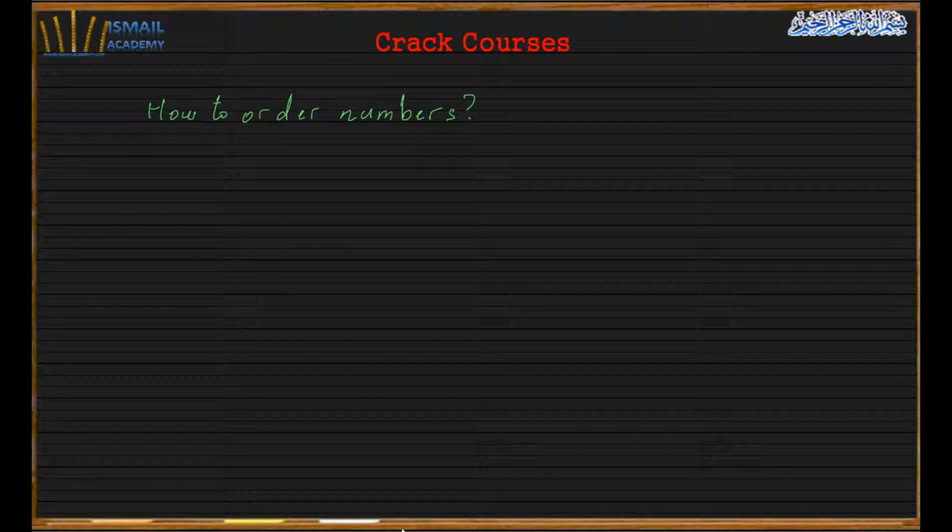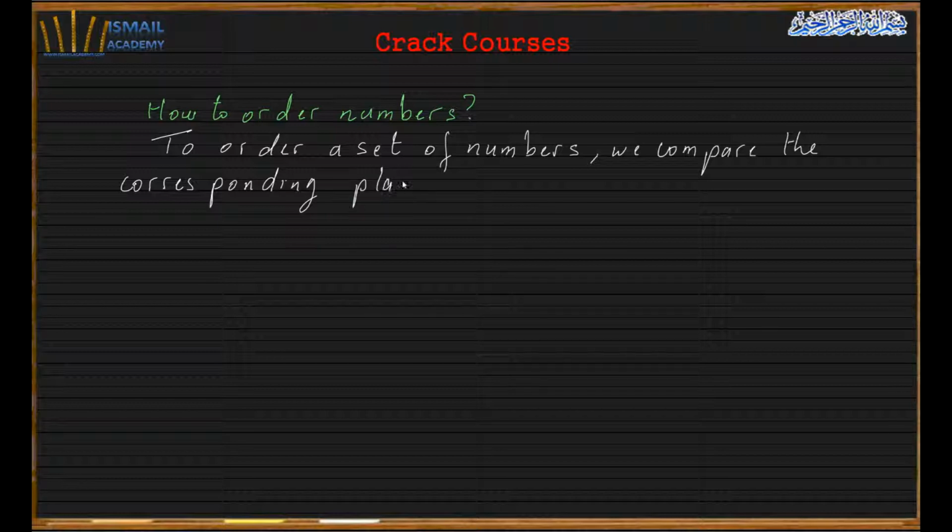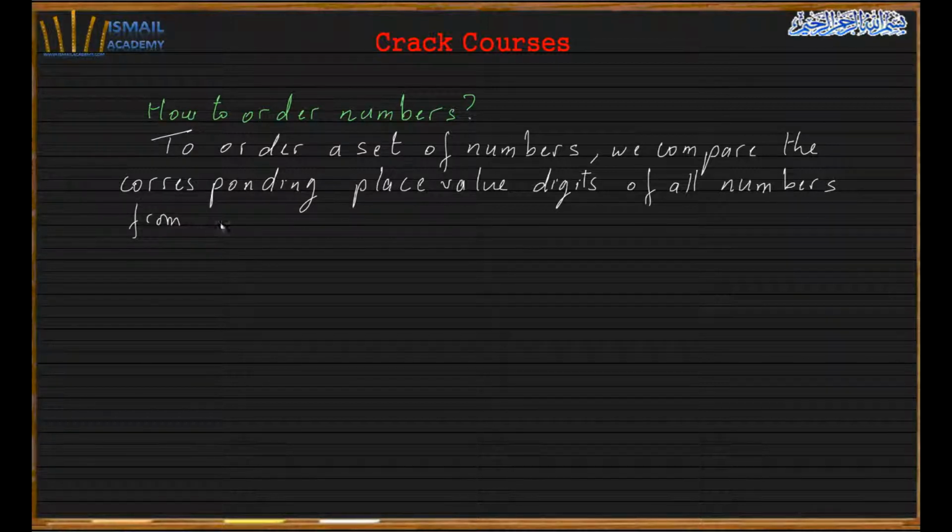So let me write this down here. To order a set of numbers, we compare the corresponding place value digits of all the numbers, of course from left to right.